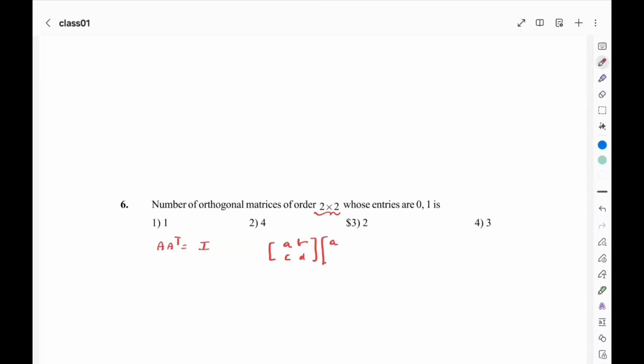Transpose, if you take, first row changes to first column, identity means 1, 0, 0, 1. From here, A square plus B square, CA plus BD, C square plus D square.